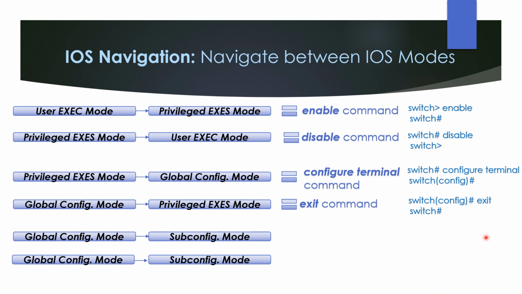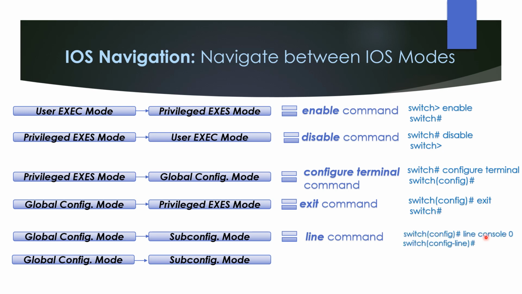To move from the global configuration mode to a sub-configuration mode, it depends on which sub-configuration you are going to. If you are going to secure shell, Telnet, or console, you need to enter the line command.